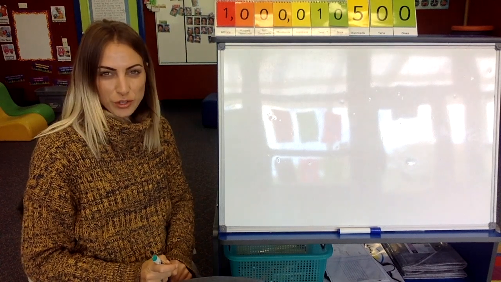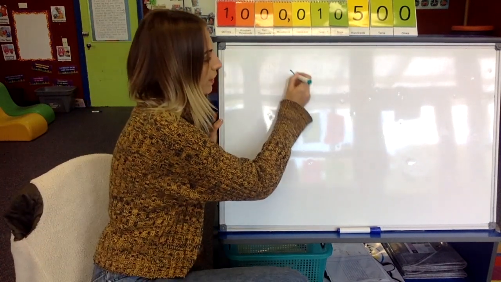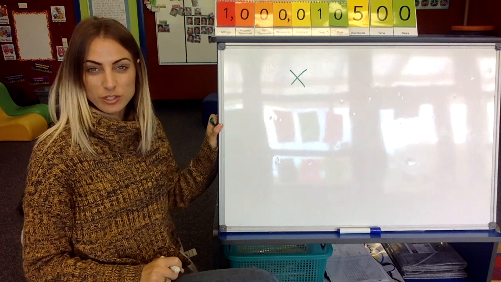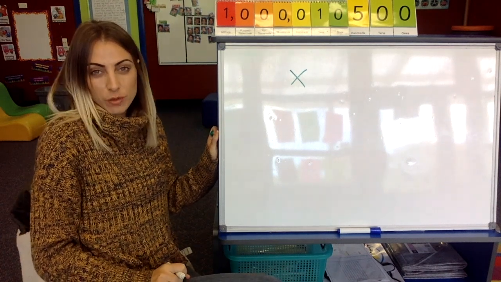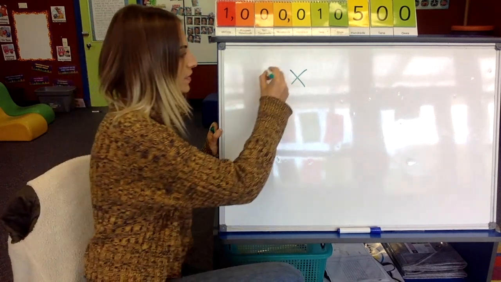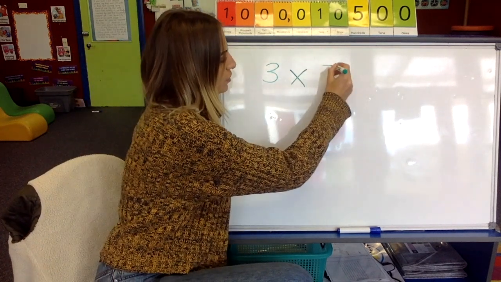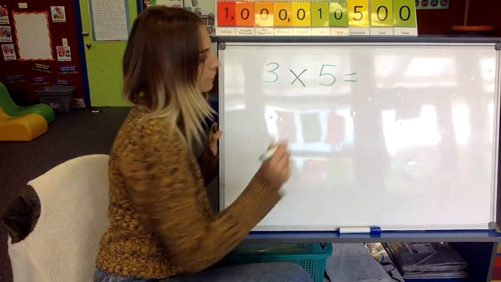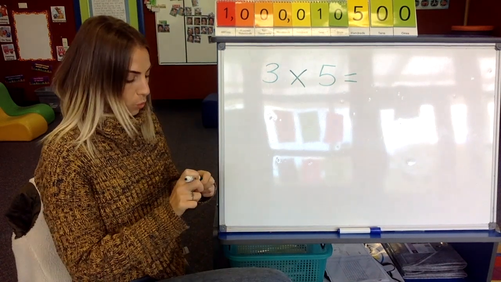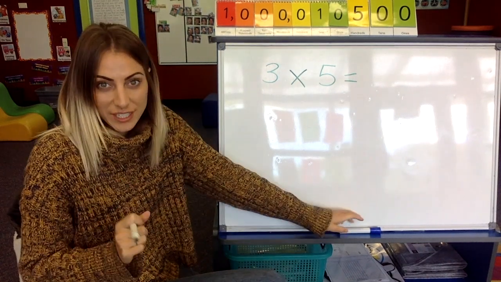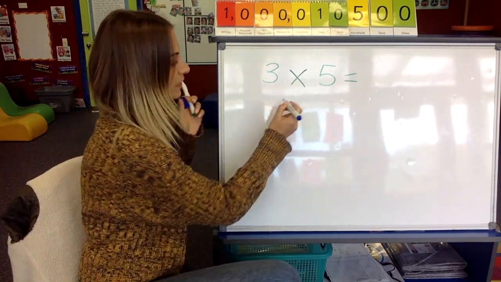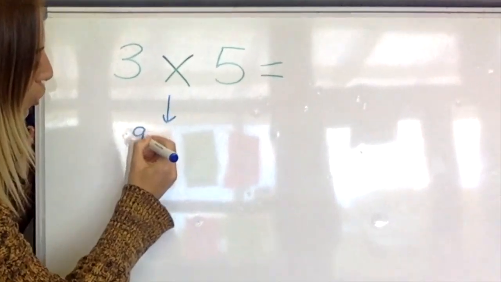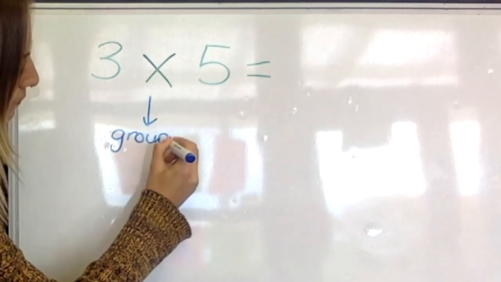Okay, so we're going to learn a little bit about what we would usually say is times, actually means. You might have seen equations that look like this. 3 times 5. But what I want to tell you is actually this times symbol here really means groups of.